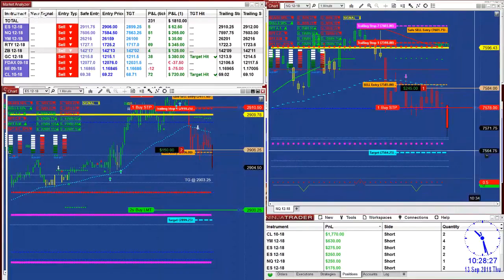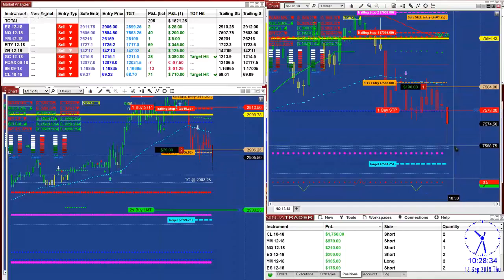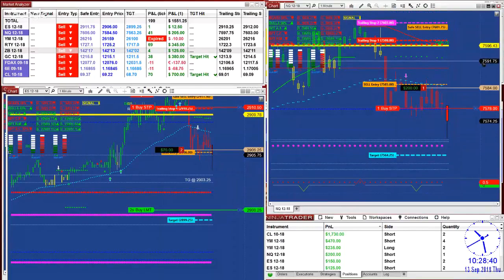And look at this. Look at this accuracy. This is where I told you exactly to exit out of a trade. There we go. Welcome to trading, folks. I don't believe anyone cannot make money in the market. If anyone cannot make money in this market, it's because he didn't do his homework.